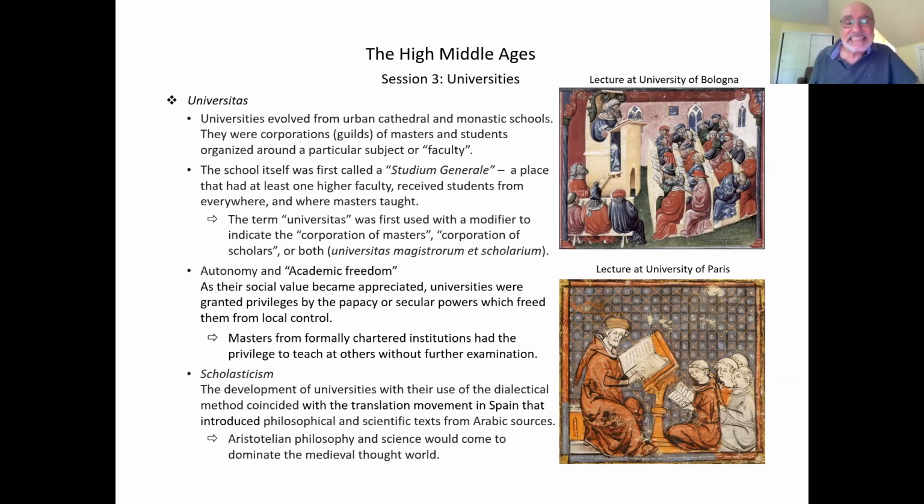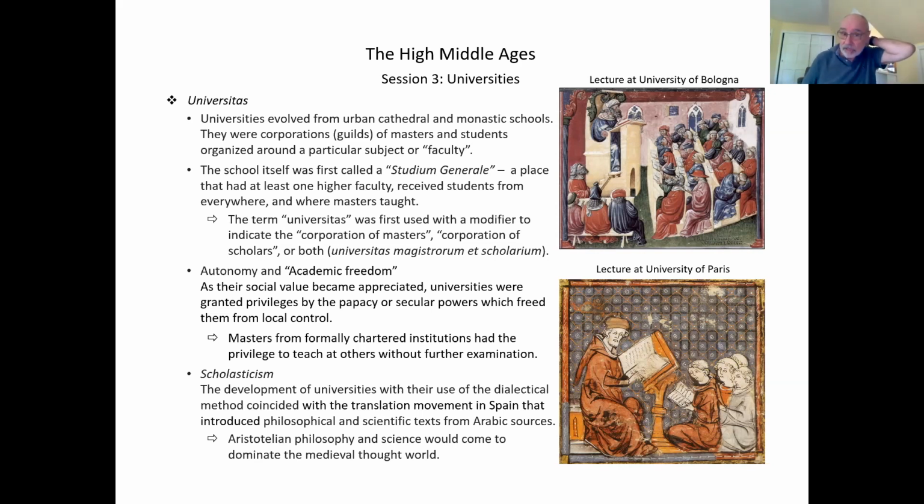The school itself, what evolves into the name university, was first called the Studium Generale, a general study, a place that had at least one higher faculty, like medicine or like law, and took students from all over the place.